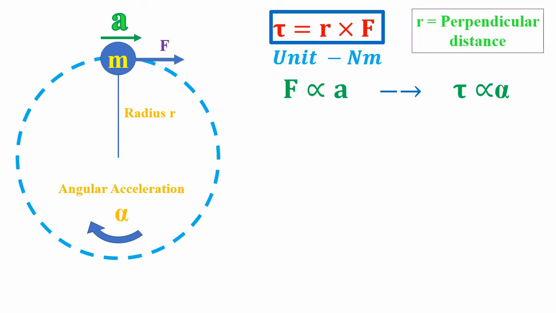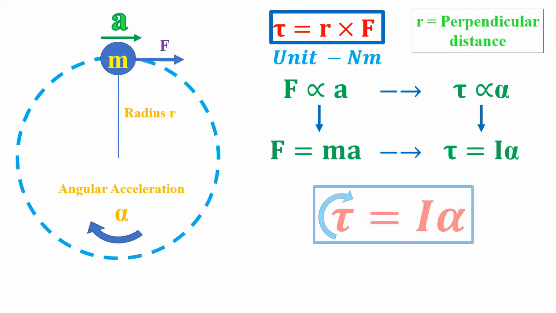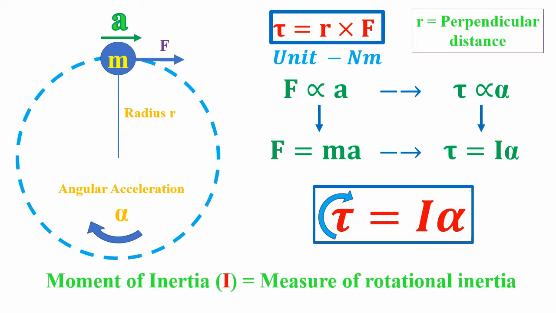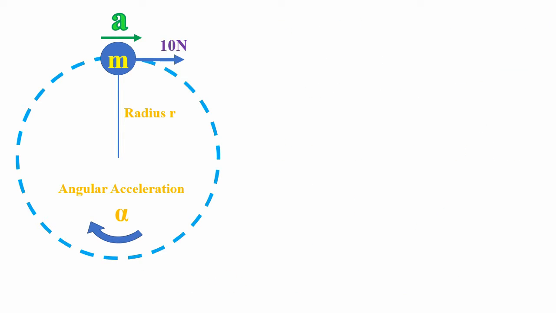We know that the proportionality constant of the first relationship is the measure of linear inertia, which is the mass m. And following this example, we can determine that the proportionality constant of the second relationship, which is tau proportional to alpha, is the measure of rotational inertia, which is also called the moment of inertia.